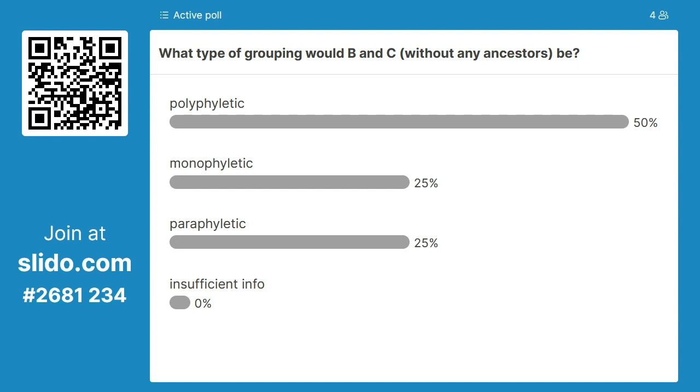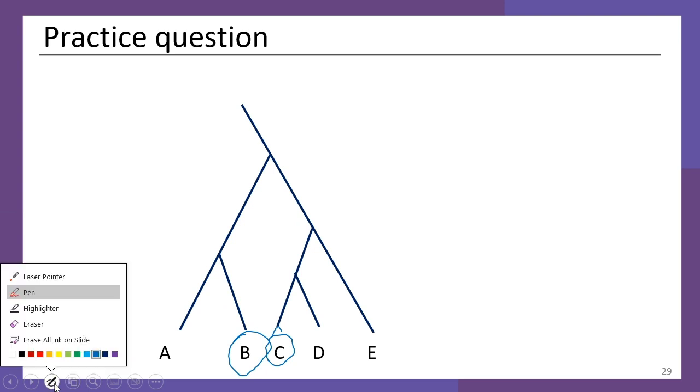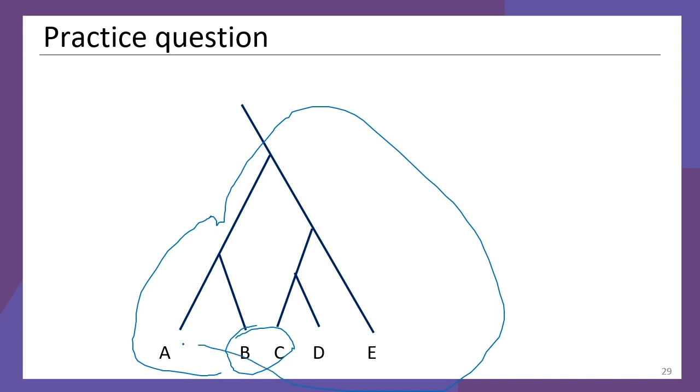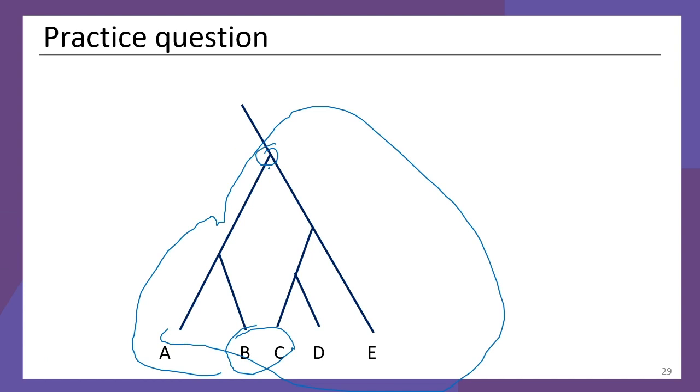We're not including any of the ancestors here. If it was monophyletic, and we had B and C in there, it would need to be this whole giant group. Right, forgive the messy ink there. Because if we're including B and C, we also need to include all of their most recent common ancestors up until here.